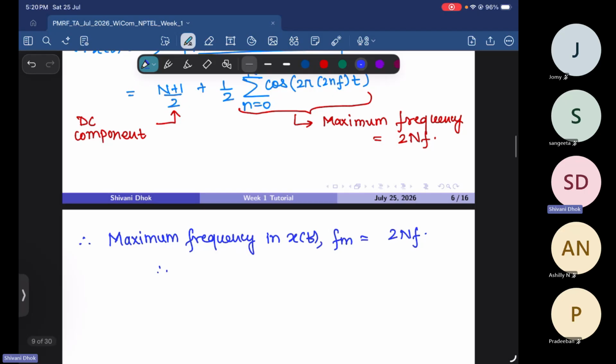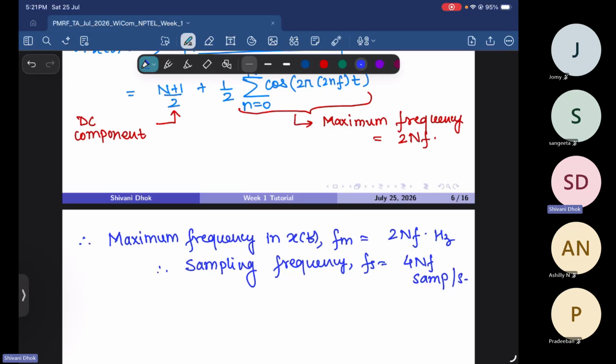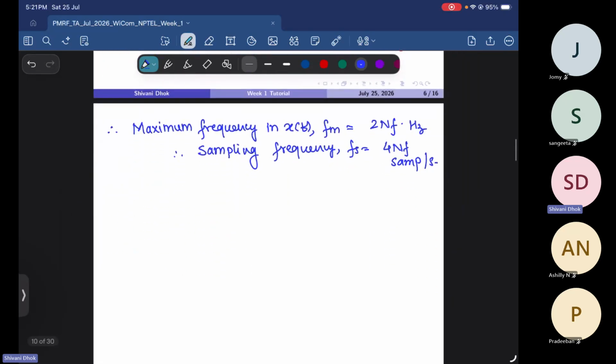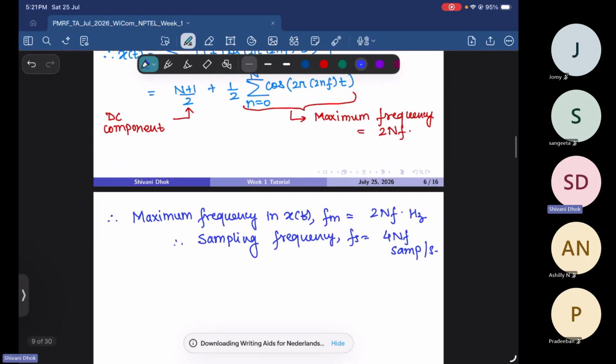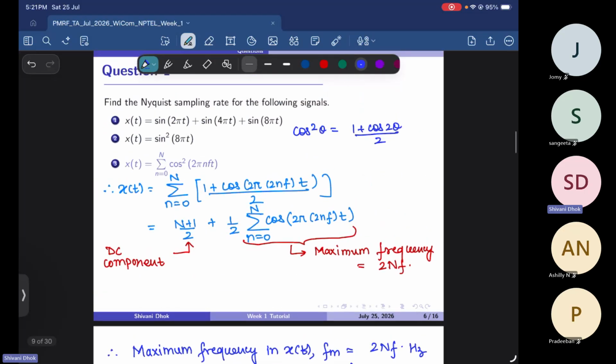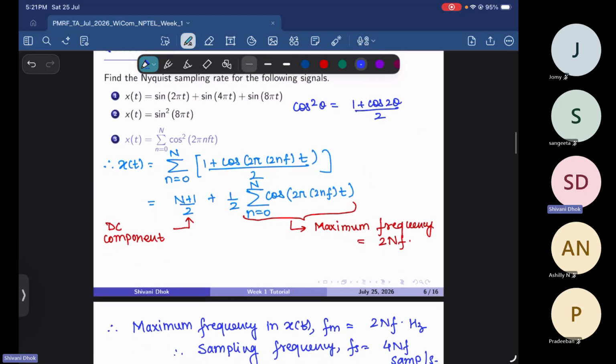Therefore, the Nyquist sampling rate, that is 2 times FM, is 4Nf. This was in hertz, this will be in samples per second. Any questions in this particular Nyquist sampling rate part? This was the last part of this first question. If you have any questions in this, let me know.